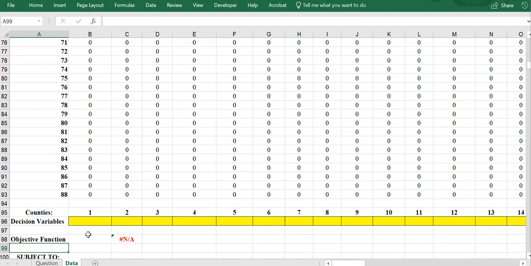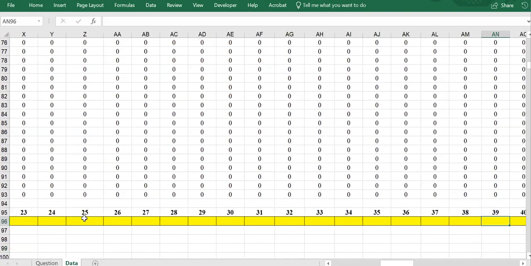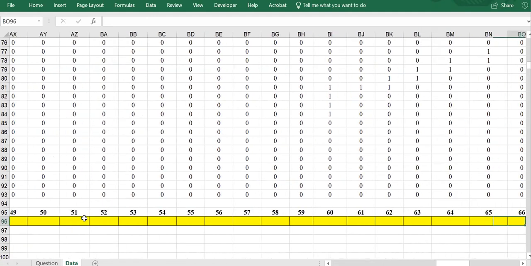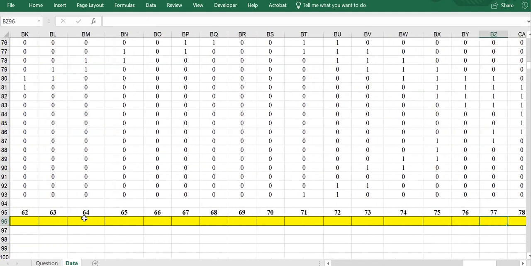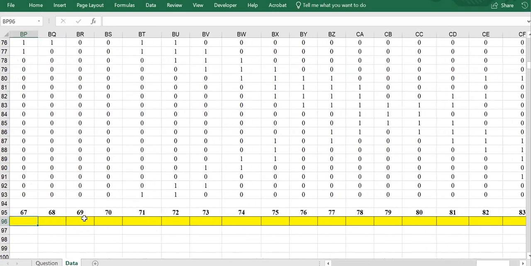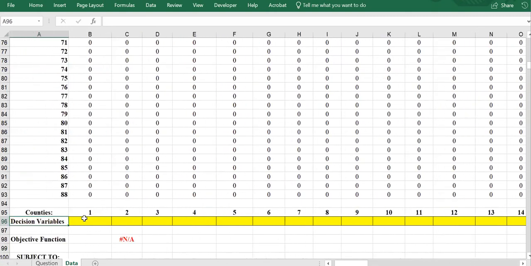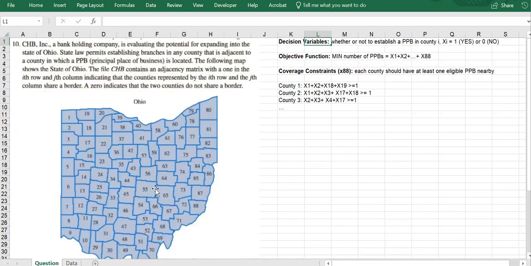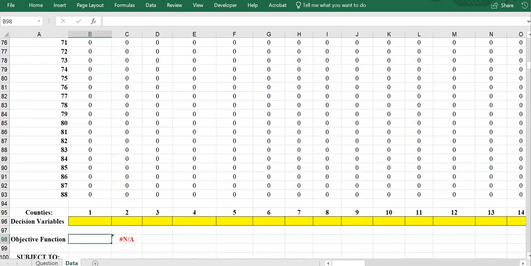For each county, we need one blank cell, which would capture the decision variable regarding that county. So 88 of them. All right. And then the objective function, as we know here, is going to be the sum of the decision variables.